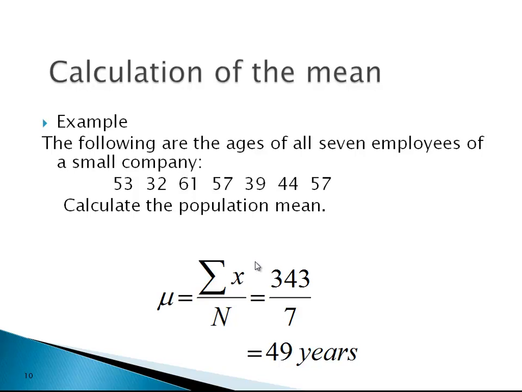That's why I'm calculating the population mean, which will equal the addition of all these values divided by the 7 employees. So it's 343 divided by 7. That means the average age in that company is 49 years.